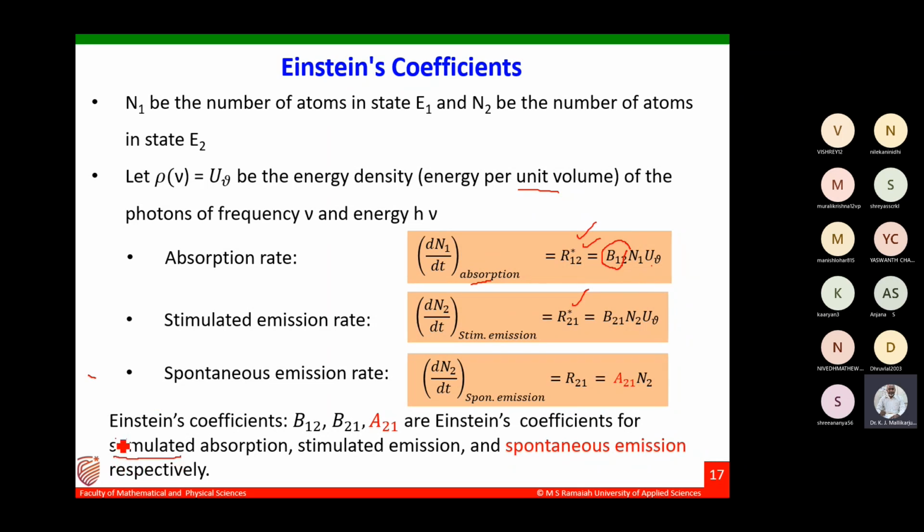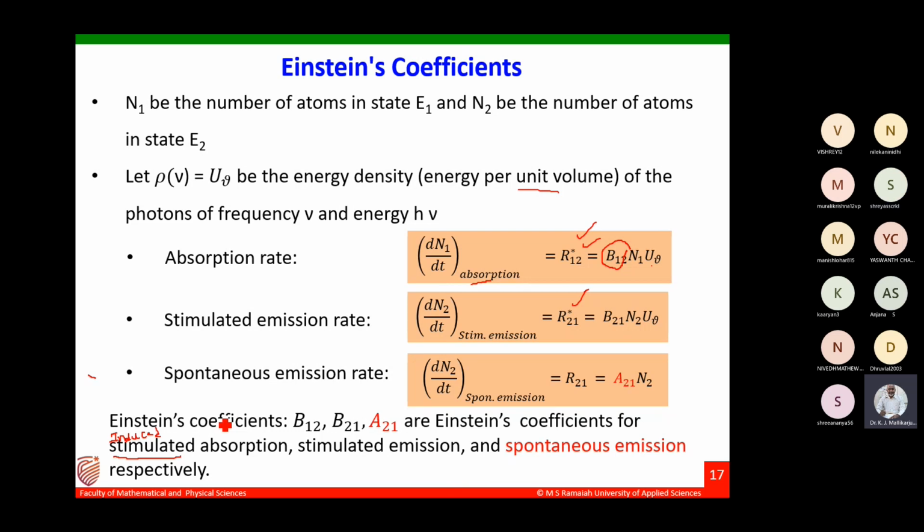In some textbooks it is also written as induced, just to indicate that it happens in the presence of external radiation. Something else influences your transitions to occur. They are called the Einstein coefficients for induced absorption, stimulated emission, and spontaneous emission respectively. Is it clear up to this point?